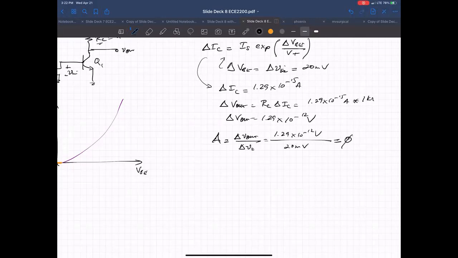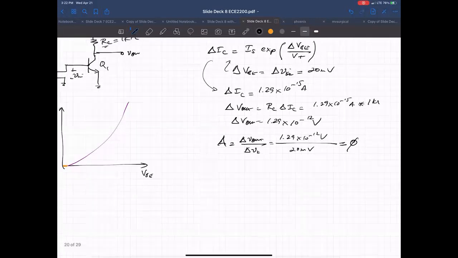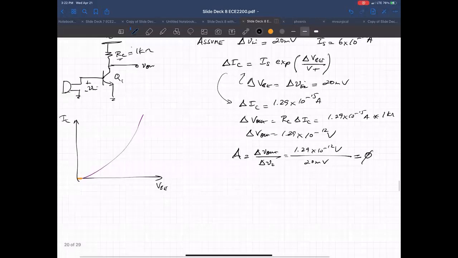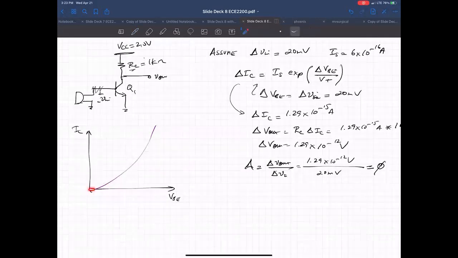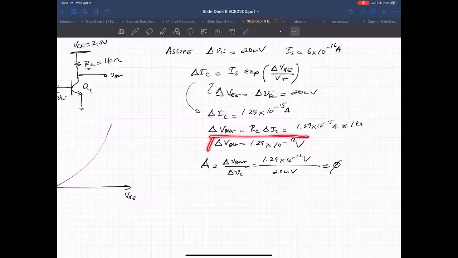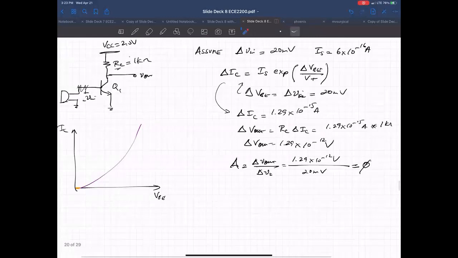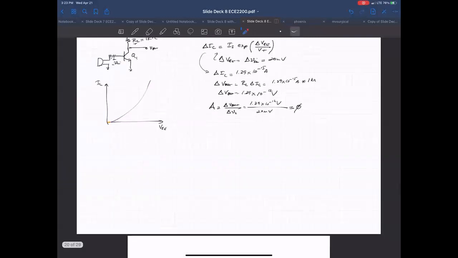So not only haven't we gained anything here, we've basically just got a 0 output level, because this change in current is so tiny that the change in voltage it creates, I can't even think of what kind of instrument you would need to measure something like 1.29 times 10 to the minus 12 volts. So this input could do whatever it wants over here, and you won't be able to see a change up here. Okay, so it's a non-working amplifier because we didn't put a bias in.